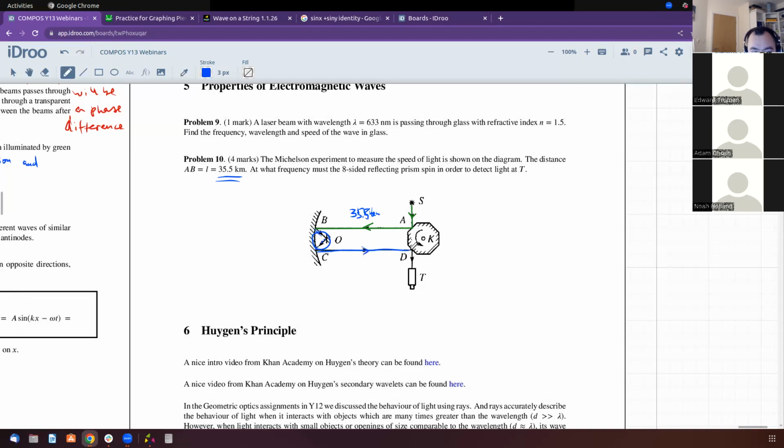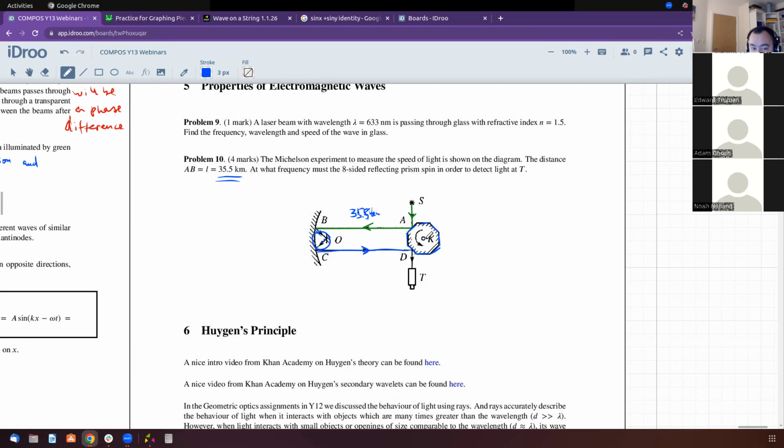Now, by the time it moves, this reflecting bob has to turn 45 degrees. If by the time the light reaches D it's in exactly the same position as it was before, that means you will have a reflection into the viewing piece.